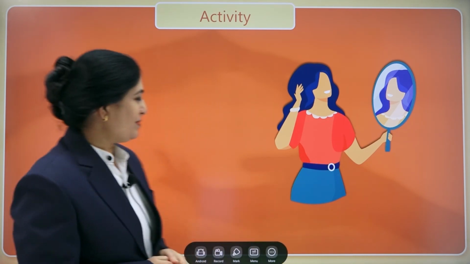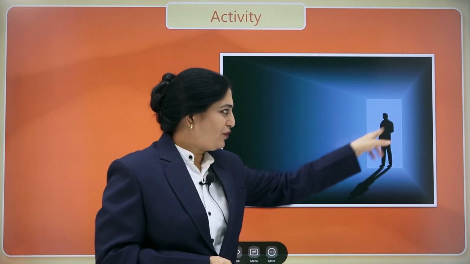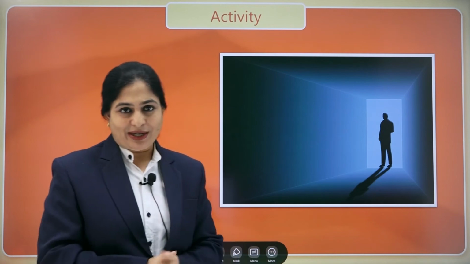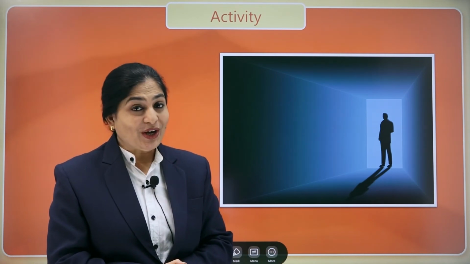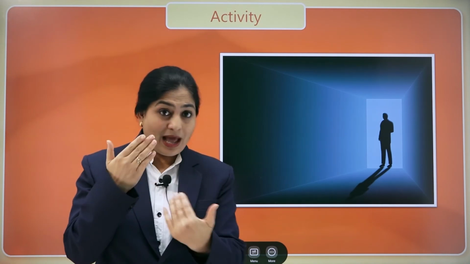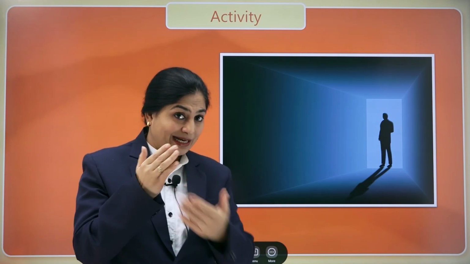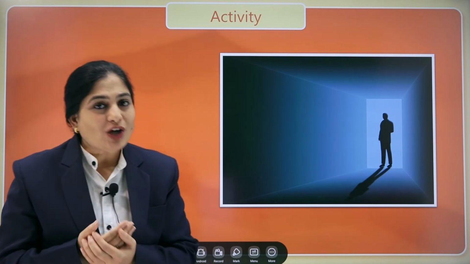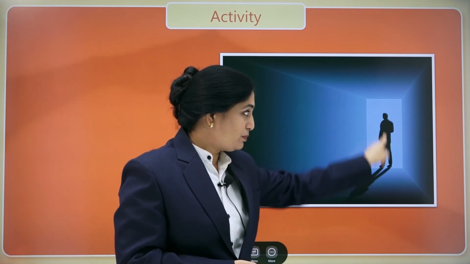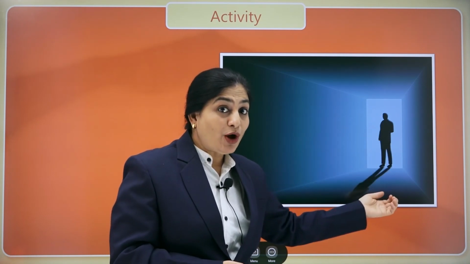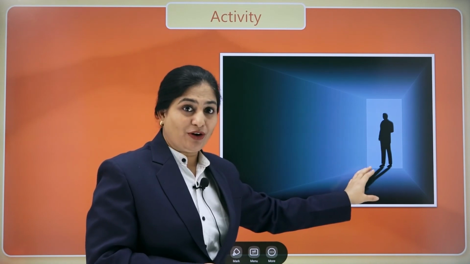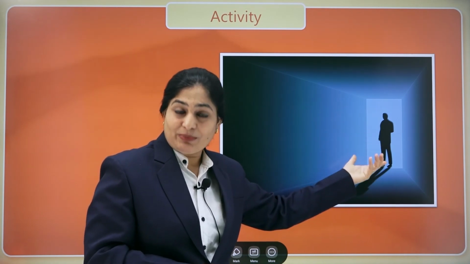Let us see, what about your body? When light falls on your body, you will find a shadow. Why is this shadow formed? Because your body is an opaque object and it doesn't allow light to pass through it. Your body blocks the light completely, and thus we get only the shadow of the body.